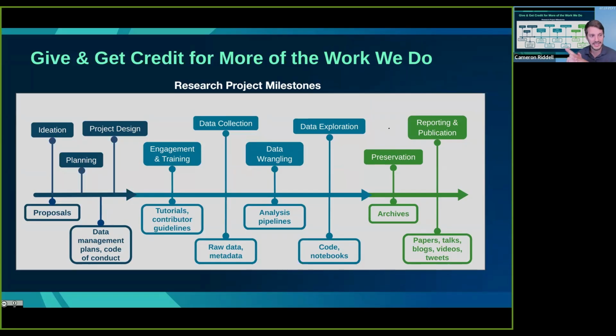By publishing each of these steps leading up to, of course, your paper, you're making more opportunities for other people to reuse the things that you have already created. And this is a huge point in open science.